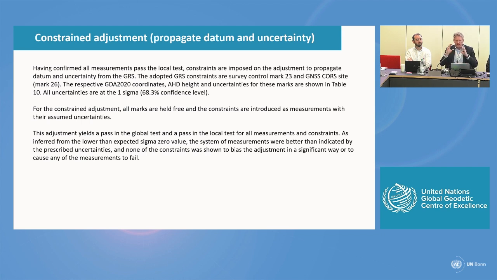So you're testing, does everything fit internally, and then you're constraining that to your national datum marks, and that allows you to finally get the alignment of your local network in line with the national datum adjustment as well. So that's removing any other or applying any final corrections and providing the alignment with your national datum.